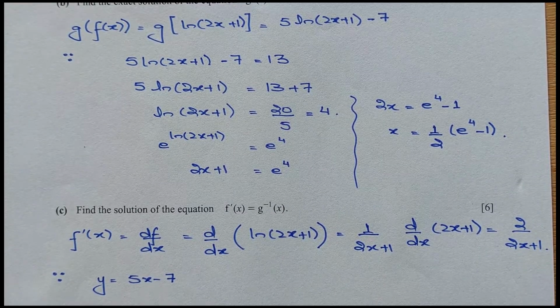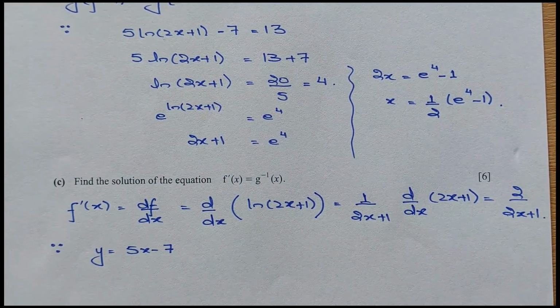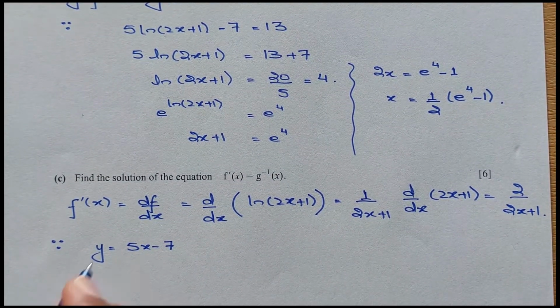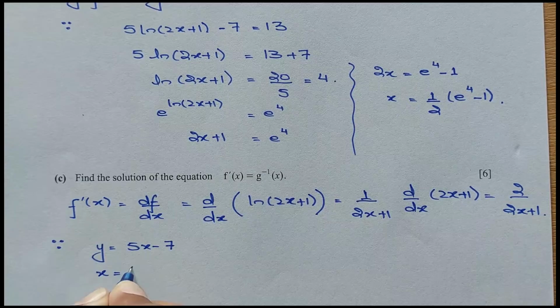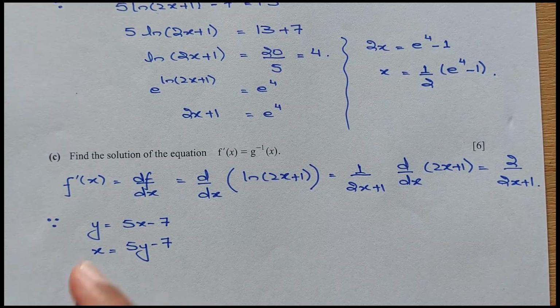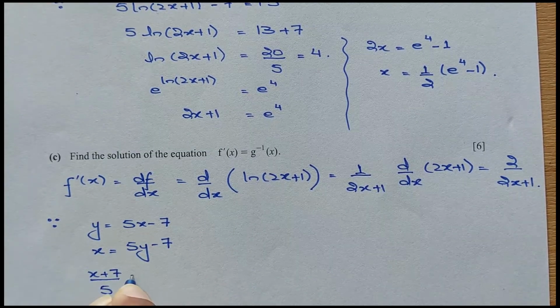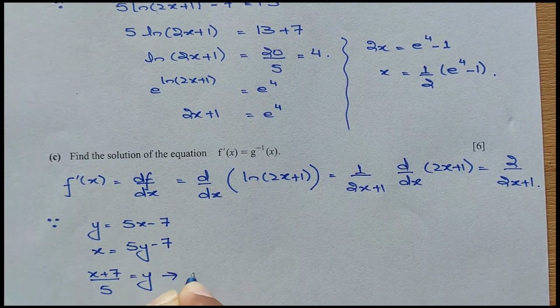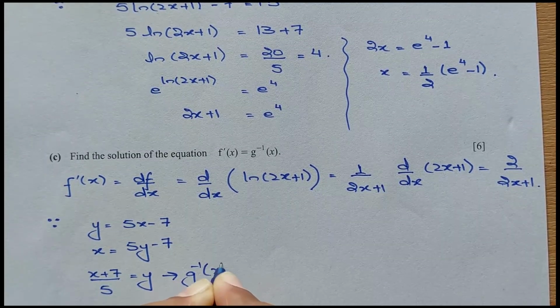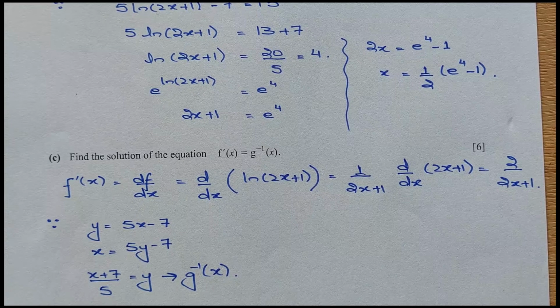For the next step, we just switch the variables: x is replaced with y and y with x. So x equals 5y minus 7, and then solving for y, x plus 7 divided by 5 equals y, and this y is g inverse of x. Right. Okay.